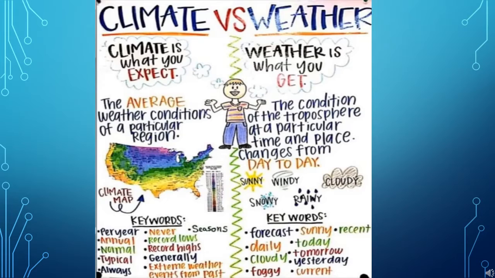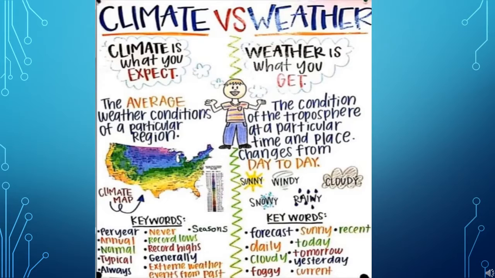Students, now let's recap a bit of learning from the previous video, that is the difference between weather and climate. Weather can be defined as the condition of the atmosphere over a short period, at a given place and at a given time.